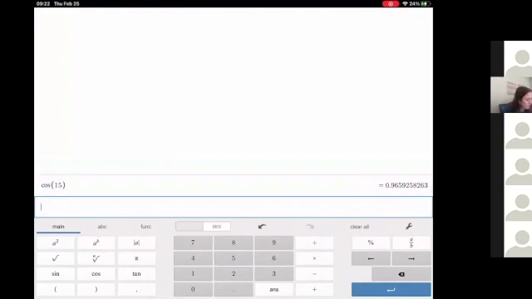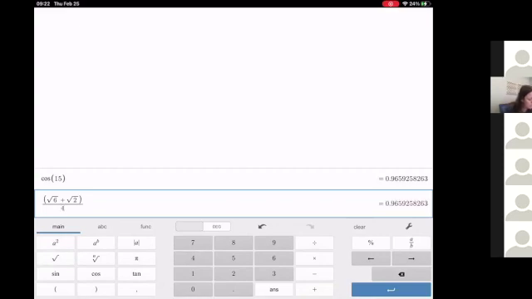Then maybe I put my answer. So square root 6 plus square root 2 all over 4. And they match. So that I know that I've done it correctly. Like I know I haven't made a simple algebra mistake because these two are equal.